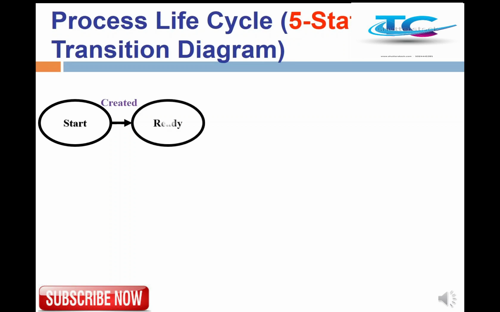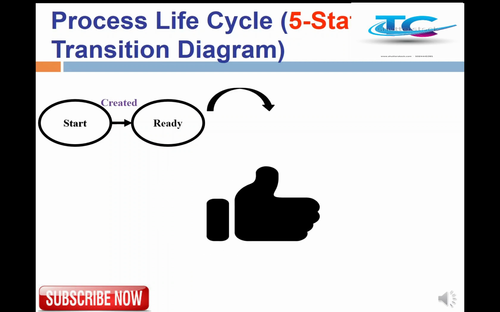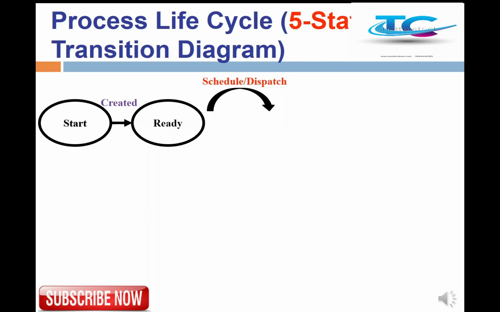The next state is the ready state. After creation of a process, the process must enter the ready state, that is, the process is loaded into the main memory. With the help of the short-term scheduler, or we can say the dispatcher, the process goes from ready to running state.